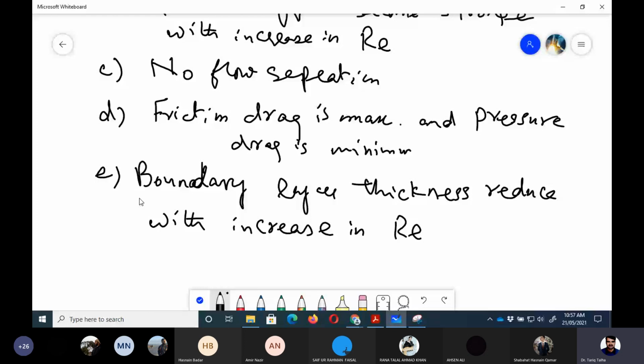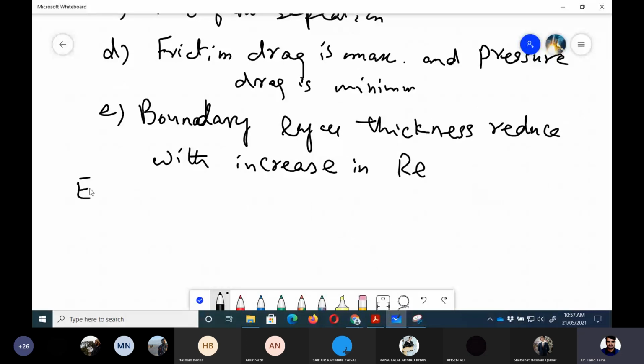Now talking about the external flows over the cylinder or sphere, we can say semi-blunt body.